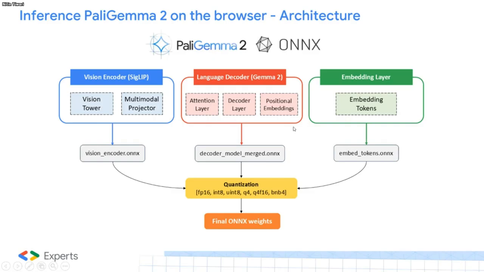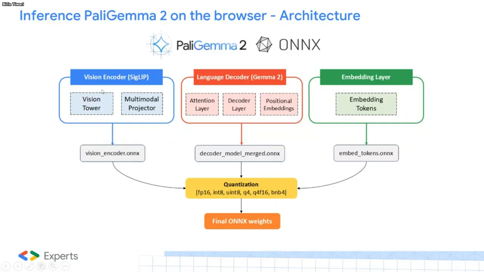As I said, every vision language model will have a vision encoder and a language decoder. In this case, it was SigLIP, and Gemma 2 was the language decoder. Every vision encoder, if you drill this down further, will have a vision tower and a multimodal projector. I'll not go into the details of what the vision tower does, but its task is to extract some features. If you have heard about CNNs, convolutional neural networks, these models are specifically trained for image classification or vision related tasks.